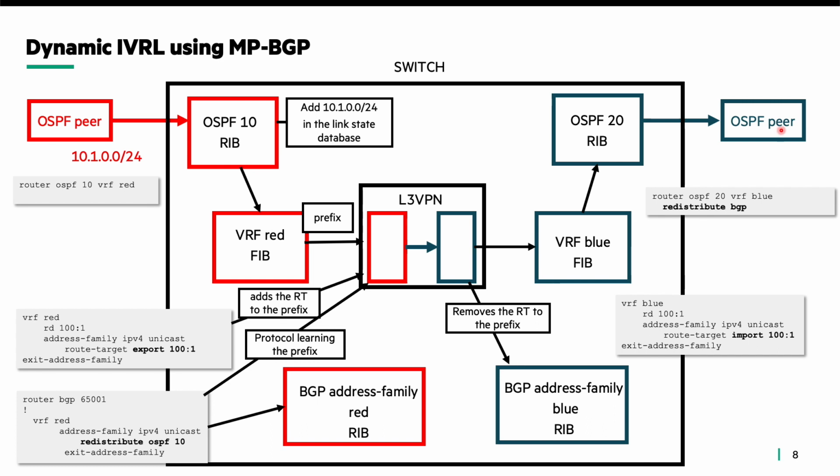So this is how we set this up. This leaking process is purely local, based on these L3 VPN tables. But then you can also advertise these leaked routes to any other peer using routing protocols.